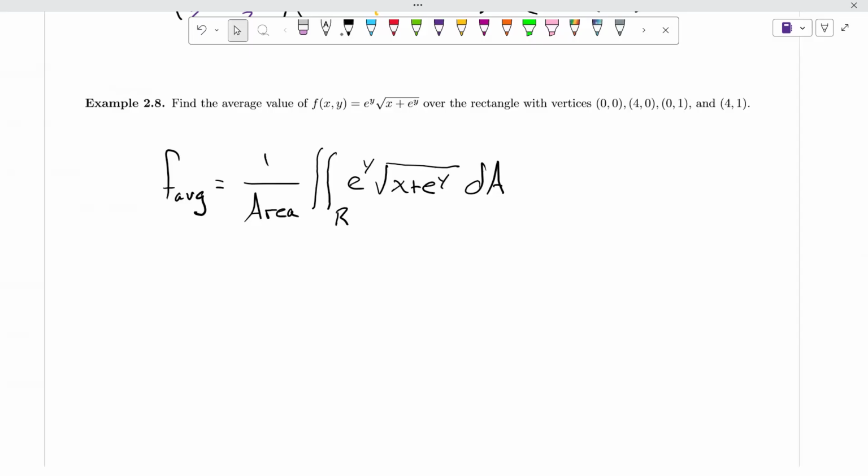But one thing that's worth noticing is that I've got an e to the y plus something on the inside of a square root, and also an e to the y on the outside of that square root. So I'm thinking there's a pretty nice looking u substitution, since the y partial of the inside is just e to the y. So I see a u substitution coming together nicely there.